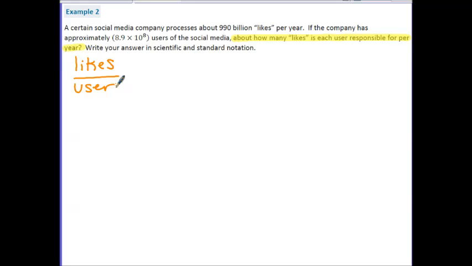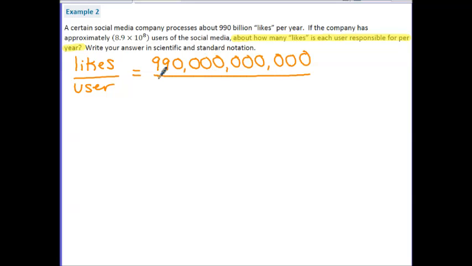So first, let's take our likes on the top, and the likes are 990 billion. So we'll write our 990, followed by, let's see, thousands, millions, billions. And then on the bottom, the number of users they gave us was 8.9 times 10 to the 8th.